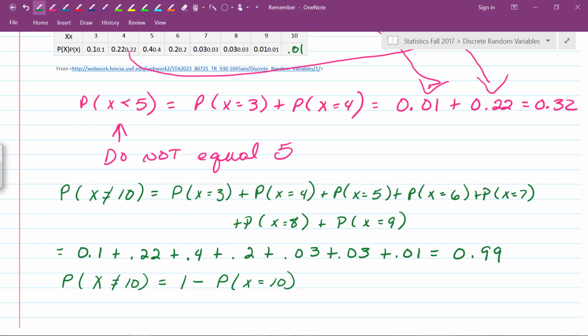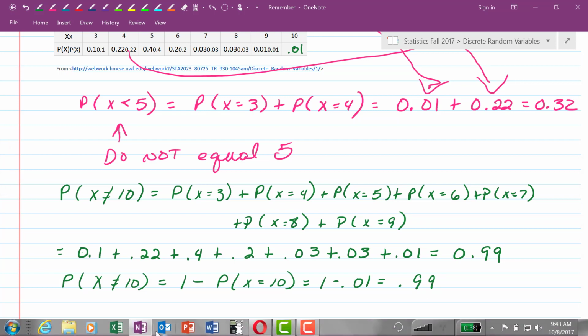If I take the number 1, because that is the sum of all the probabilities in our sample space, and I subtract off the one that it can't equal, then what we have left is the probability of all the other events happening. So this is going to be equal to 1 minus 0.01, which is equal to 0.99. Both of those are correct ways of solving that question.